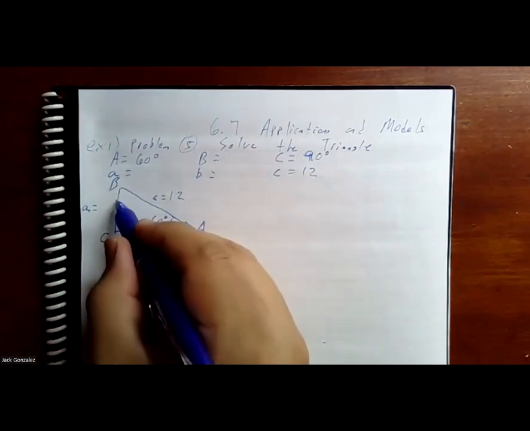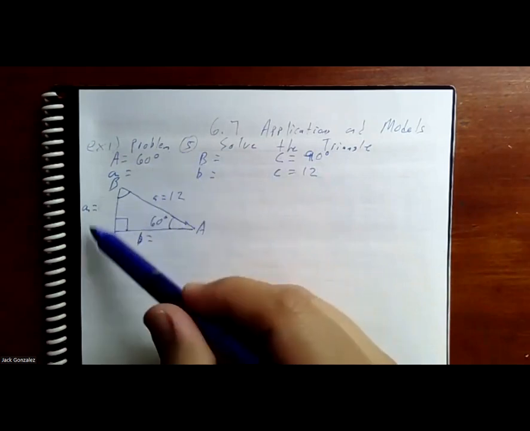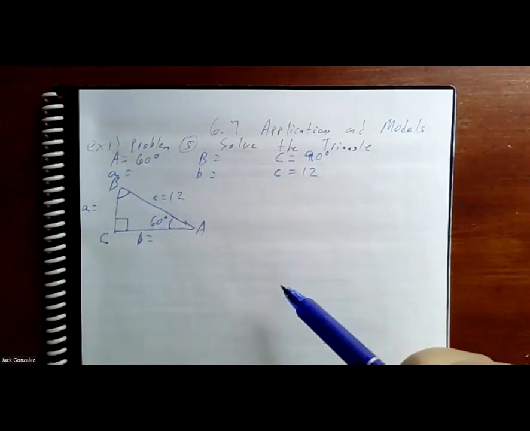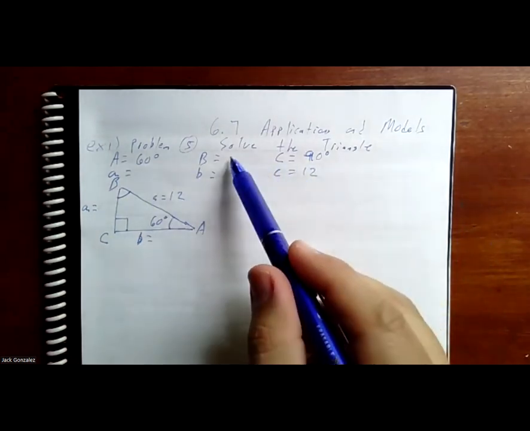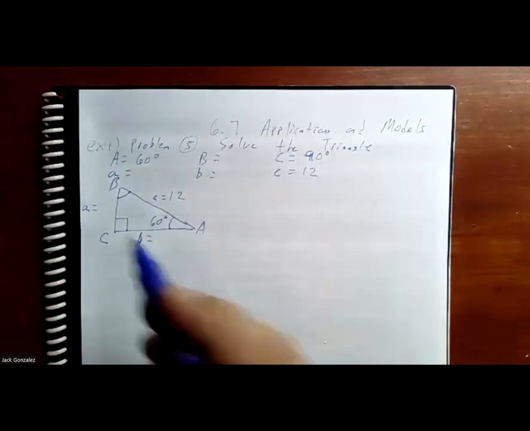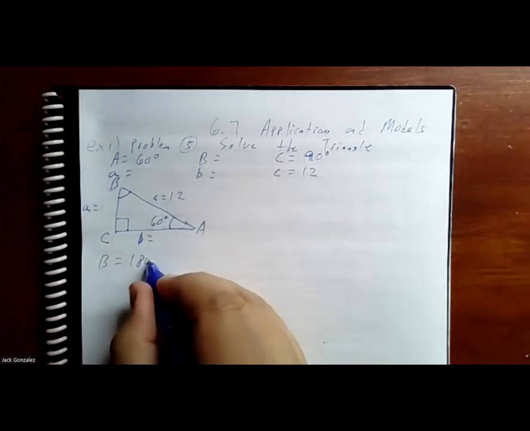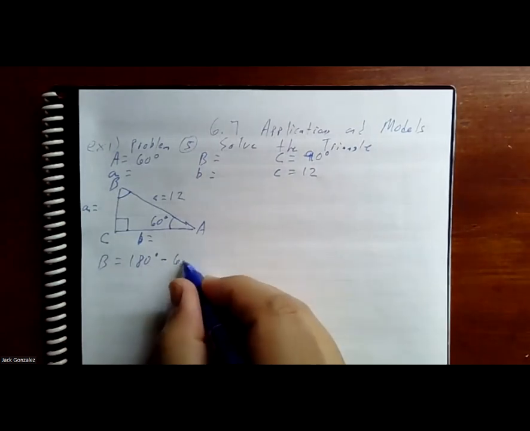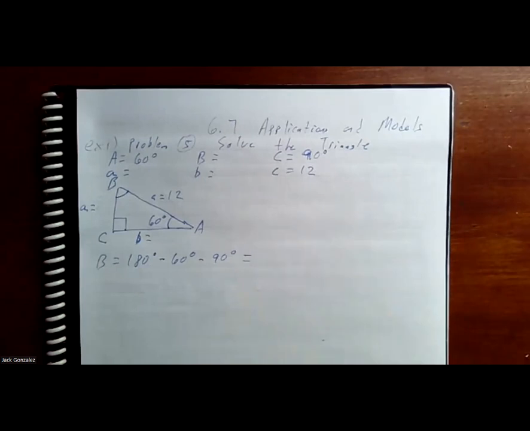Now, we should all know that the sum of all three angles is going to be 180 degrees for a triangle. So if we have two angles, then we can find capital B. So we should know that B is simply going to be 180 degrees minus the other two angles. What is B going to be?